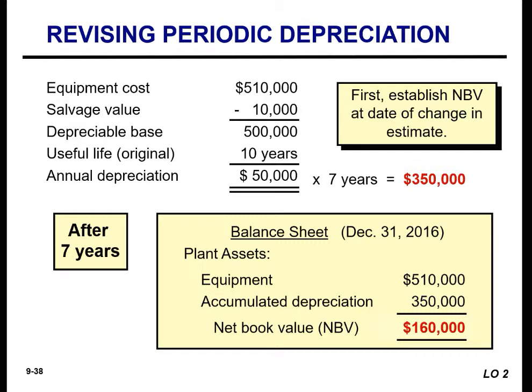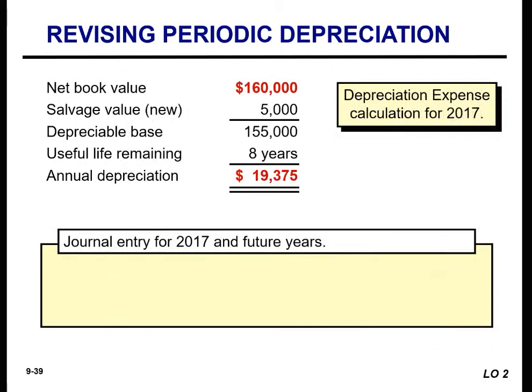That means that we have depreciated $350,000. What is the net book value on this date? So when we're going into 2017, we have a net book value of $160,000. This is what we're going to use to reevaluate depreciation expenses for 2017 forward. We have $160,000 net book value, and we now have a new salvage value of $5,000.